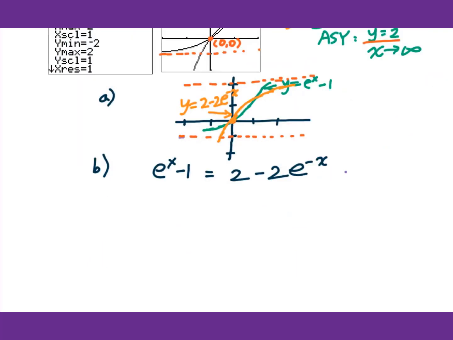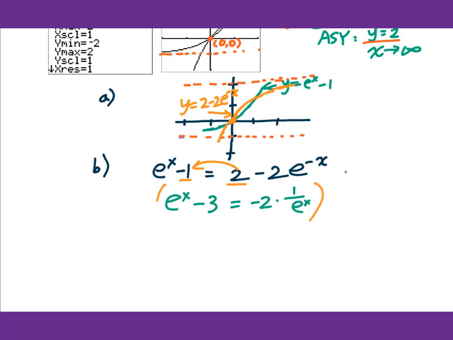First of all, we combine like terms for these two. You can move over here, or you can move negative 1 to the other side. So you will get minus 3 equals negative 2 times 1 over e to the x power.